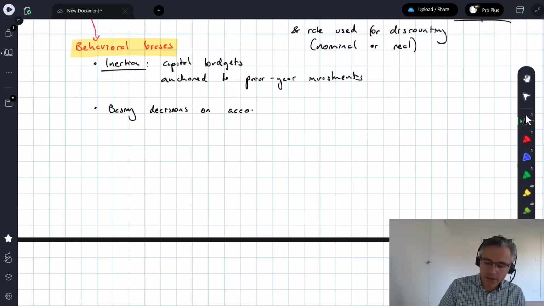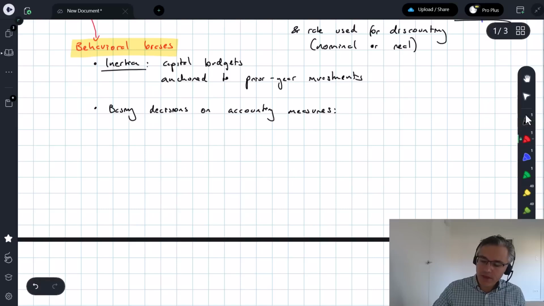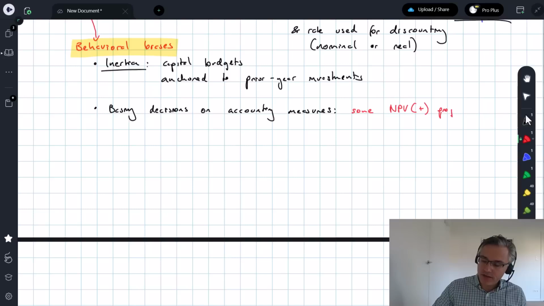The second behavioral bias is basing decisions on accounting measures, especially measures which show profitability, like earnings per share. Well, you see, the problem is that some NPV positive projects do deliver added value in the long term, but they may have a negative impact on profitability in the short term.